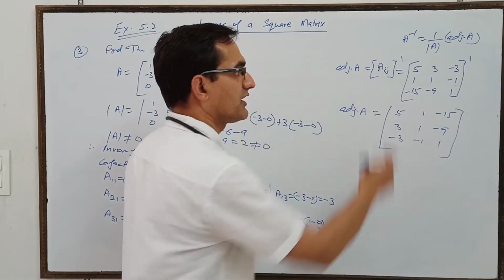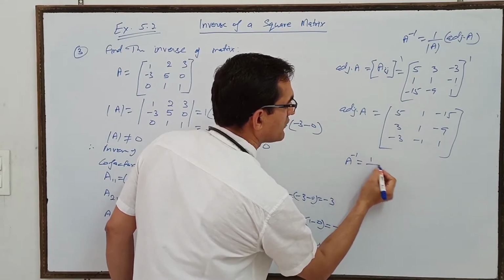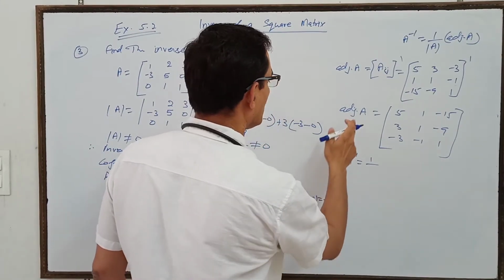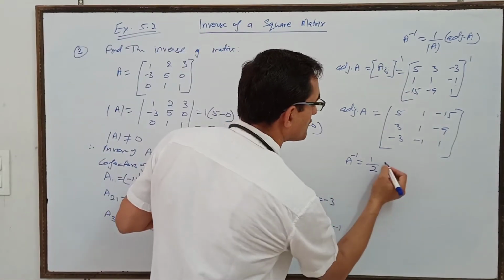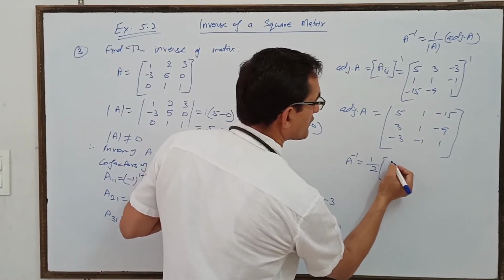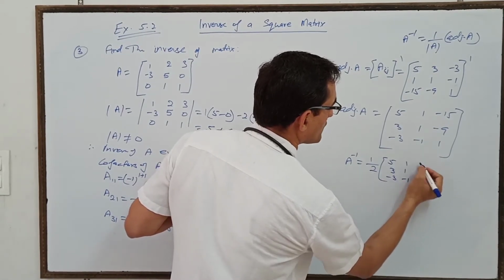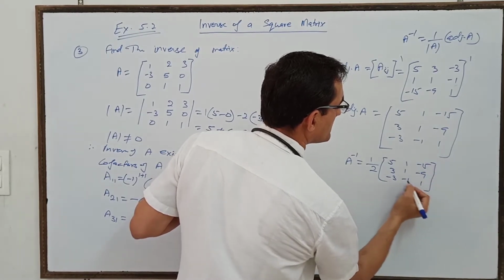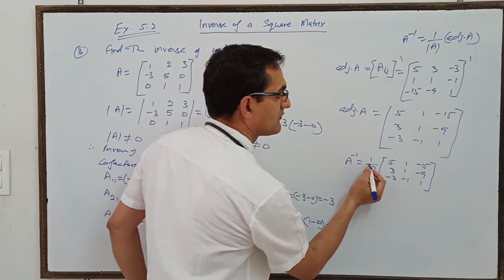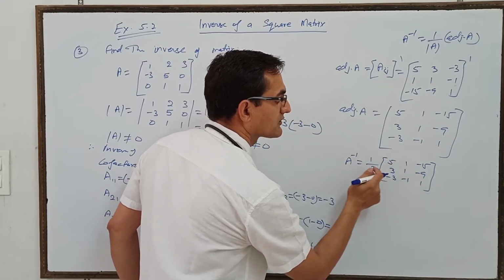So we have to find the inverse. Inverse of A is equal to 1 by determinant of A. Determinant of A is 2. So 1 by 2 into adjoint of A, which is 5 3 minus 3, 1 1 minus 1, minus 15 minus 9 1. Now take 1 by 2 and divide all the elements by 2.